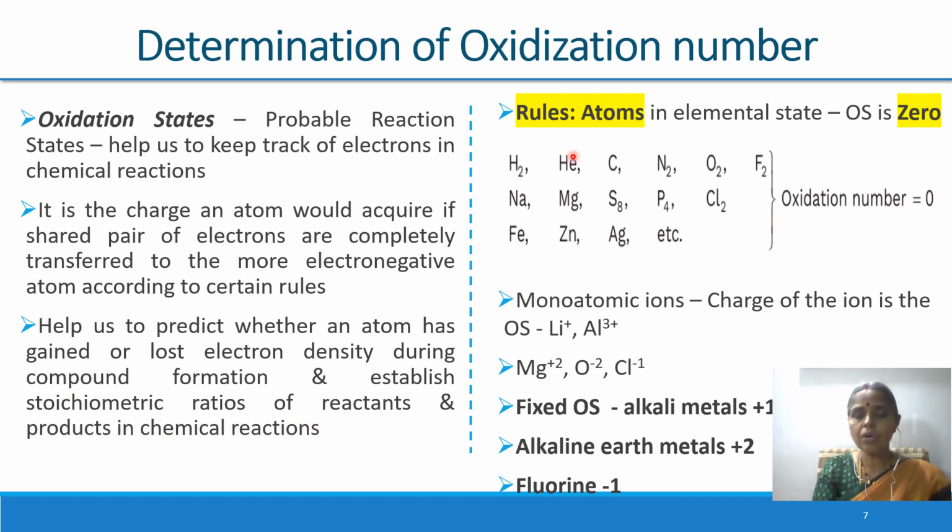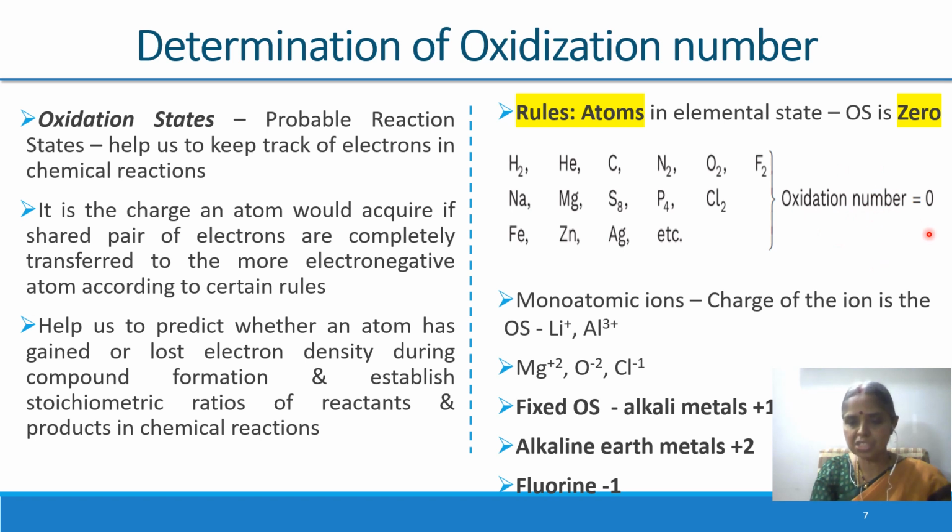Now let us look at the various rules that help us in computing oxidation states of elements in compounds. Before we go into compounds, the first rule is that any atom in its elemental, that is uncombined, state will have an oxidation state or oxidation number of 0.